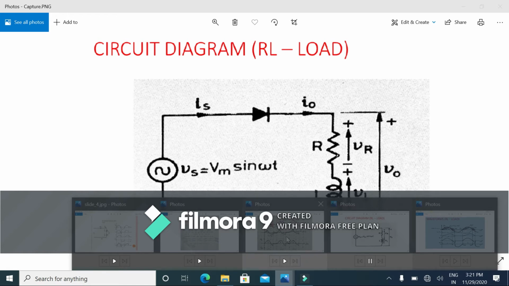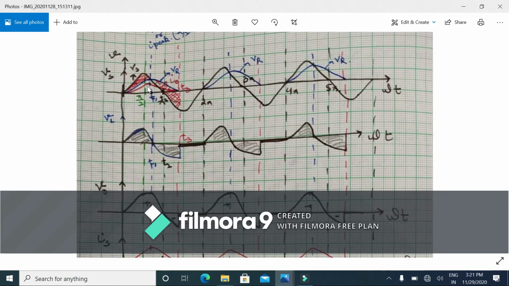The peak of the current lies somewhere between pi by 2 to pi, and I am representing it here at this point T1. That means at this peak current, the voltage across the inductor, VL, will be equal to 0.